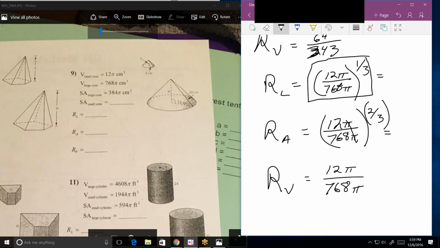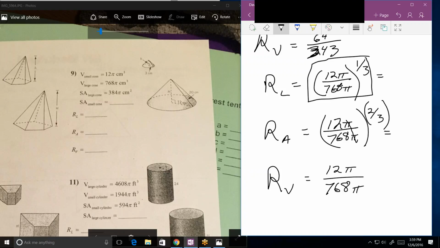You went big to little, or you didn't put it in your calculator right. In other words, I know this number is going to get bigger when I take the cube root of it, but it's not going to be bigger than 1. There's no way the volume ratio can be 12 to 768 and have the linear ratio be a number greater than 1. It's still got to be little to big.